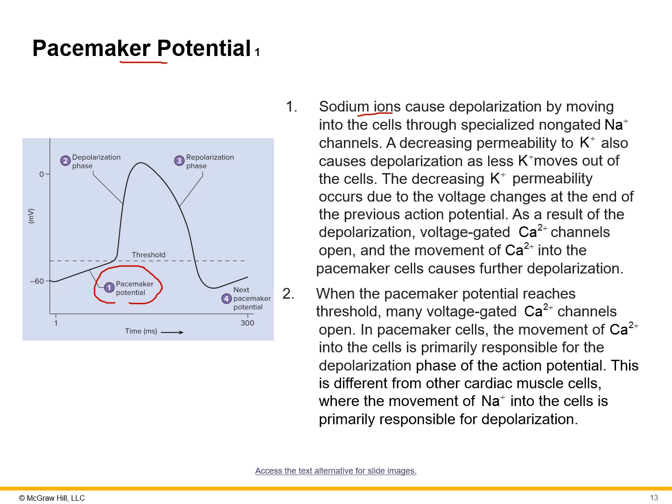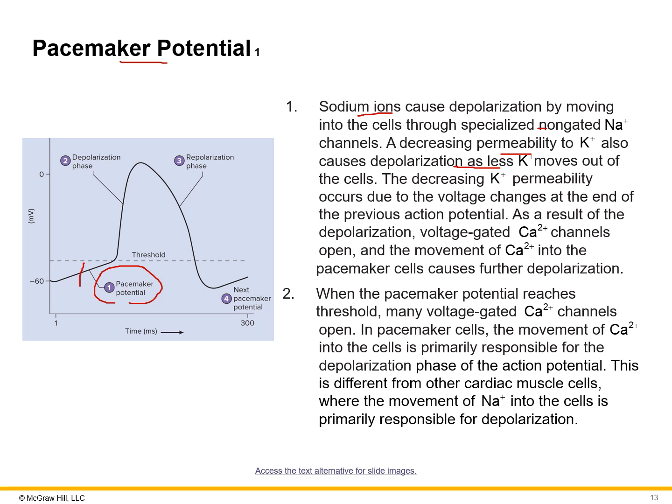That's similar to what we talked about with neurons, through specialized non-gated sodium channels. That decreases the permeability to potassium. It no longer wants to go out, which further causes depolarization as less potassium comes out. So sodium's moving in, potassium's kind of trapped inside, making the inside more positive, causing that depolarization.